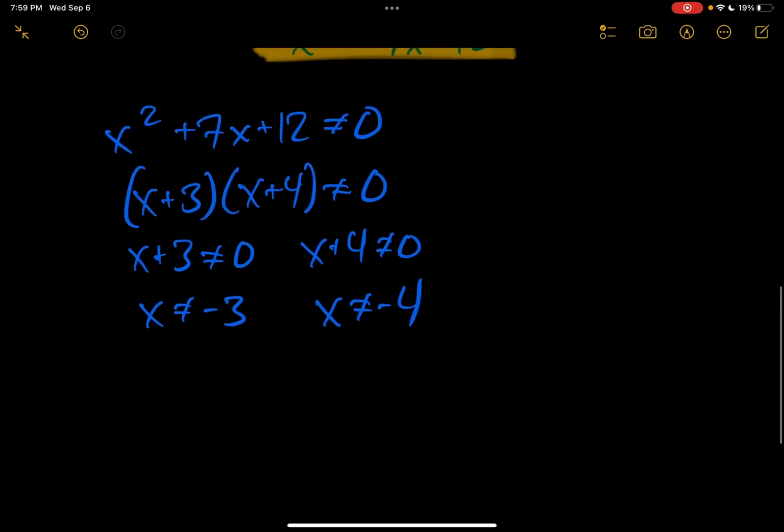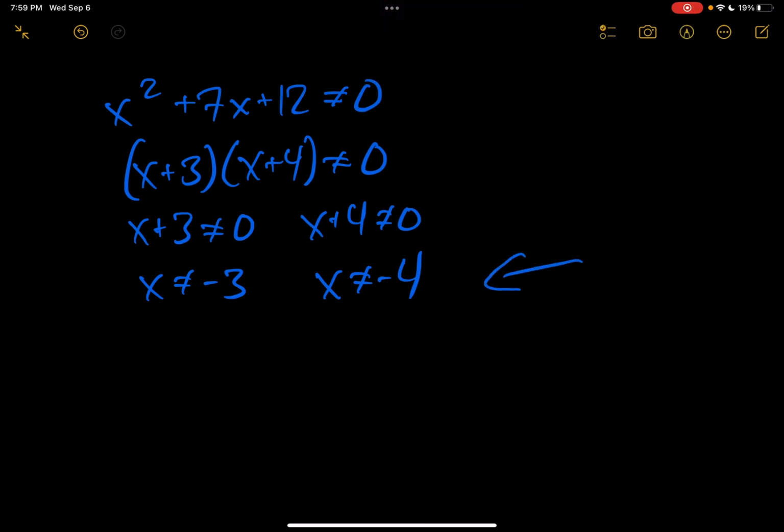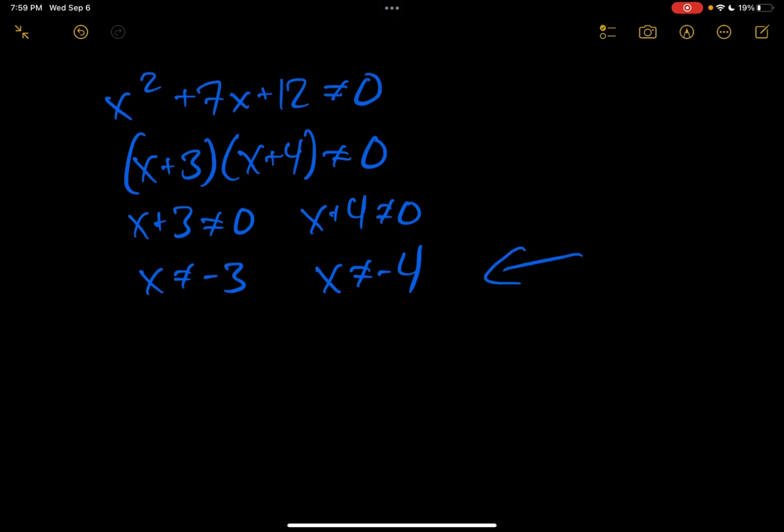So let's do that in interval notation now with these two restrictions that we just found. Okay? So negative 4 and negative 3, those are my two set ones. So I can have every single value that is less than negative 4. So that is negative infinity all the way to negative 4, parentheses, and I put the parentheses because negative 4 can't be included.